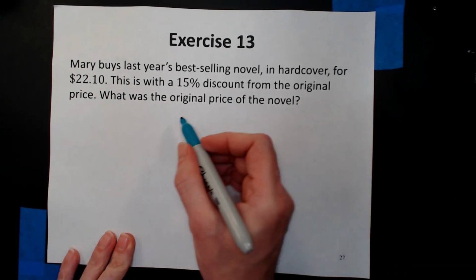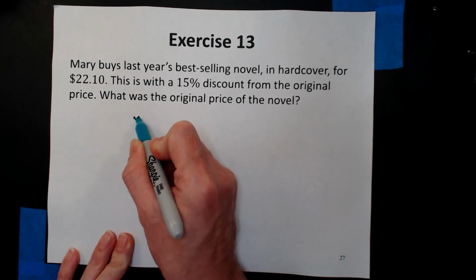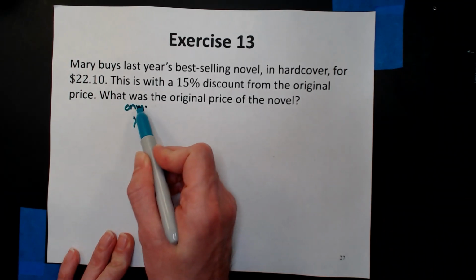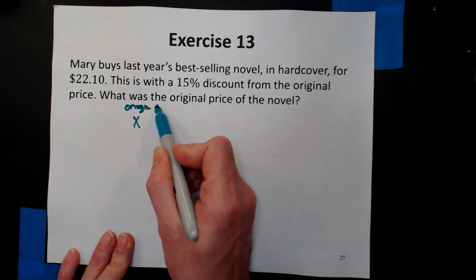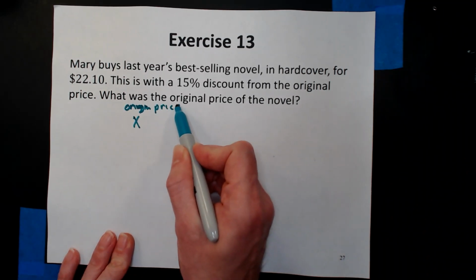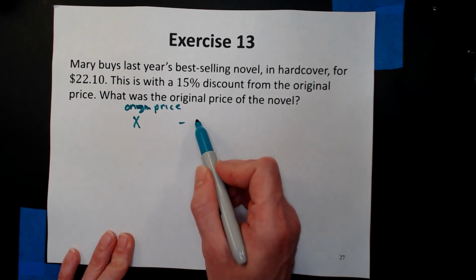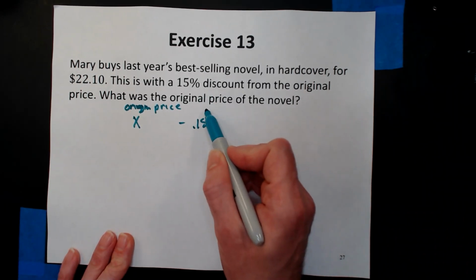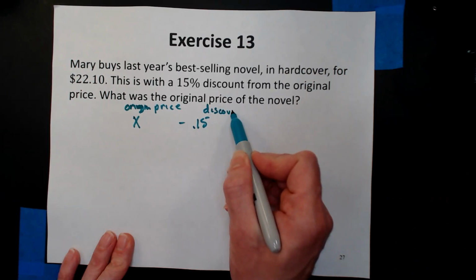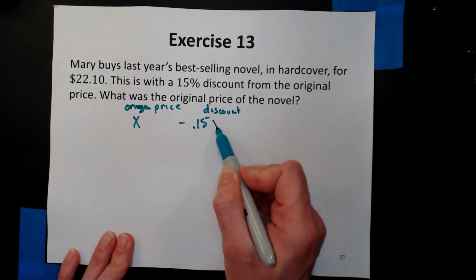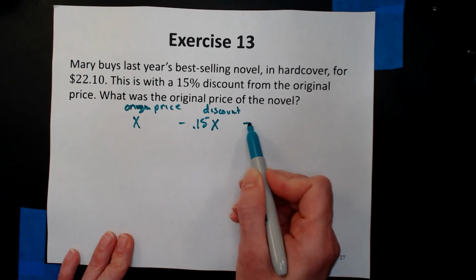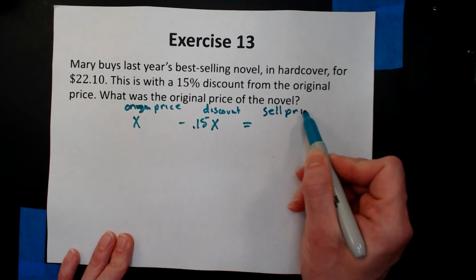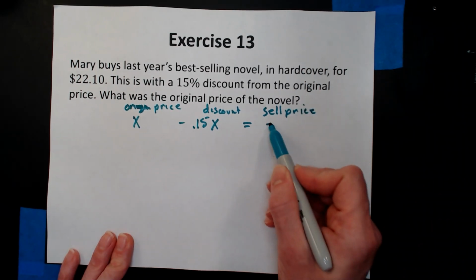Here, when we're dealing with an equation like this, x is the original price, and we're going to subtract off the discount, which is 15% or 0.15. Now, that's 15% of what? The original price, x. And that's going to equal the sale price, which we said was $22.10.